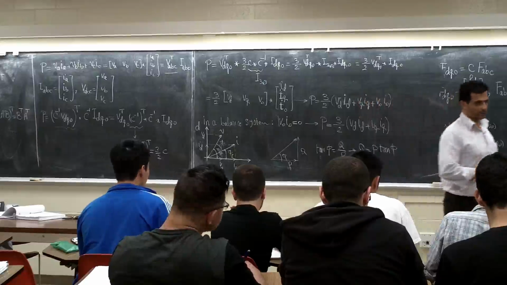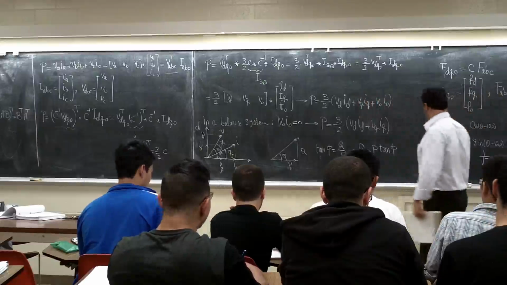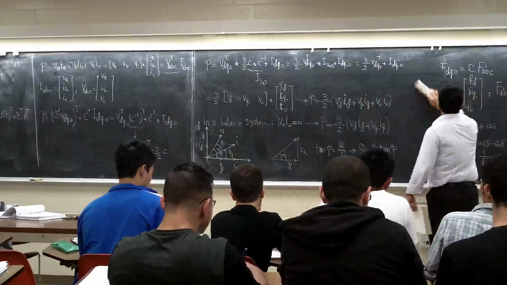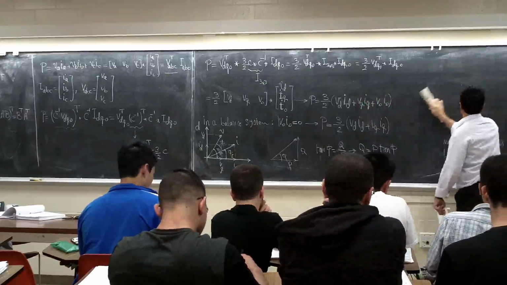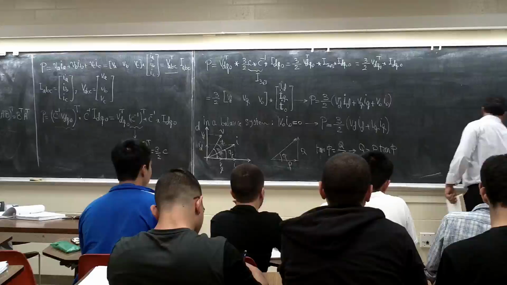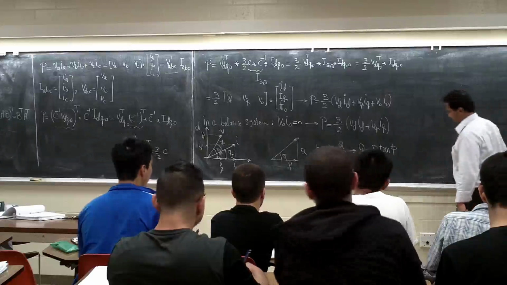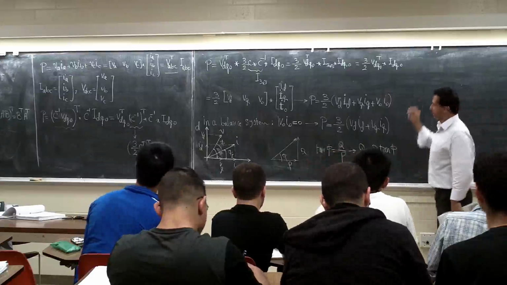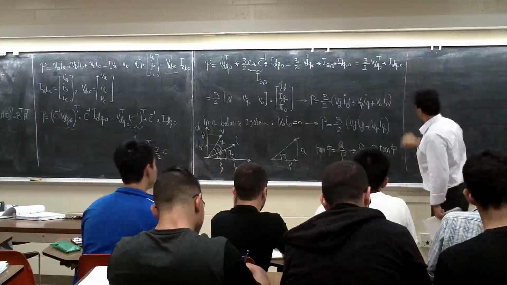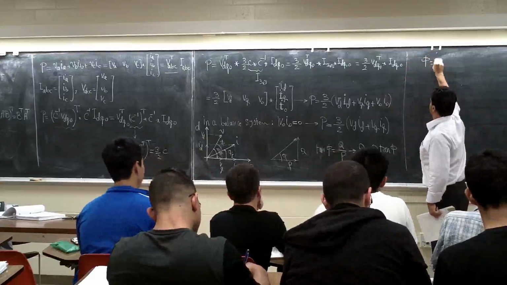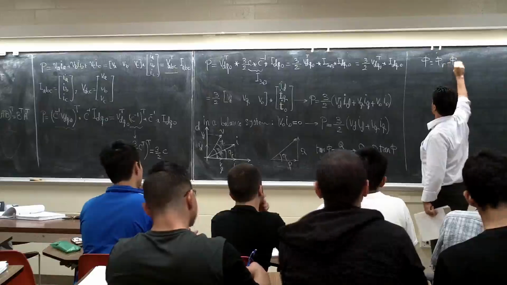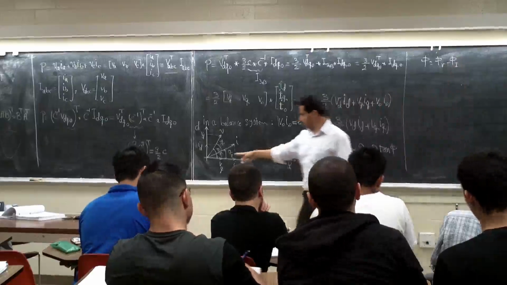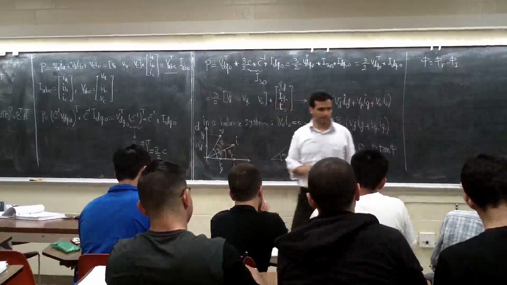So what is phi here? There is an easy way to prove it, but I want to first go through the painful way. How much is phi? Phi is phi v minus phi i, right?